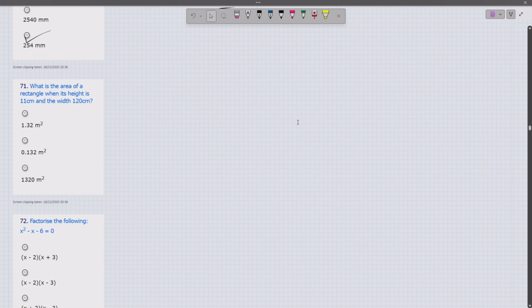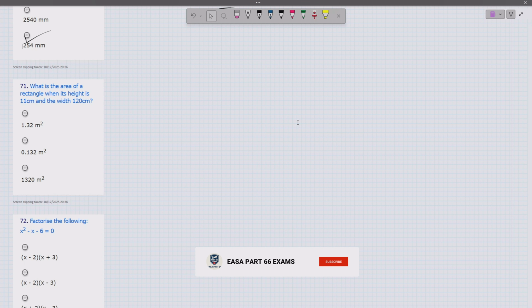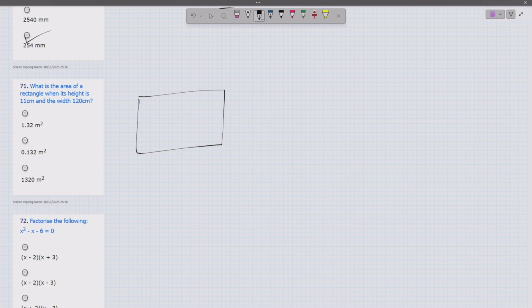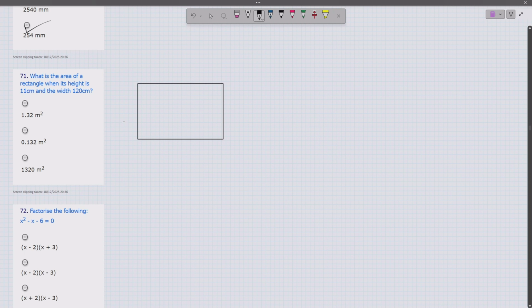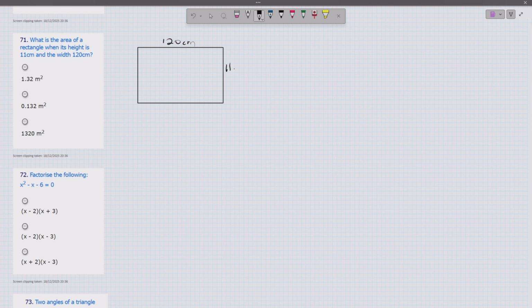Question 71. What is the area of a rectangle when its height is 11 centimeters and the width is 120 centimeters? But remember, the answers were given in meters squared, so you convert the centimeters to meters before you work this one out. If you have a rectangle like this, we have 120 and 11 centimeters, which is 1.2 meters.